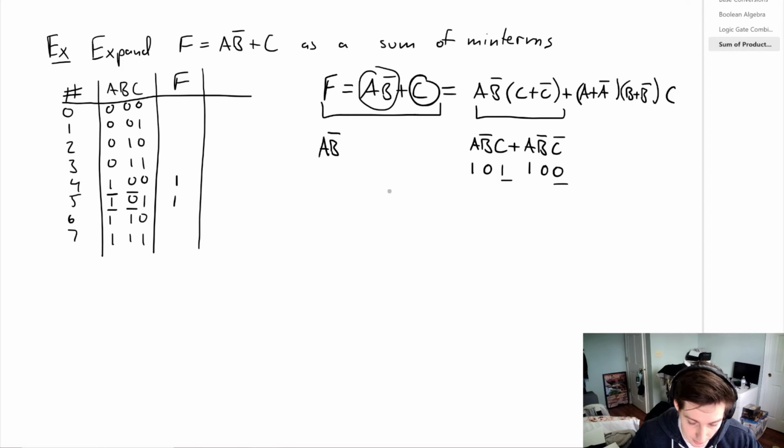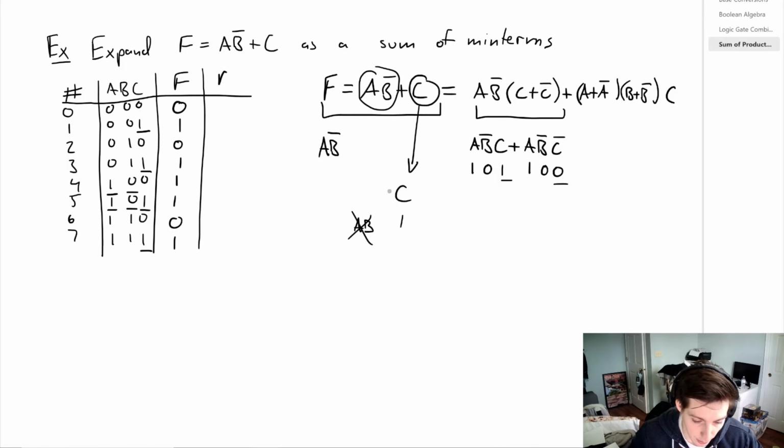Now if we look at the second part, c, you can see that the function doesn't care what a and b are. They don't even matter. As long as c is equal to 1, then we're going to get a 1. So we can fill in the rest of the table.